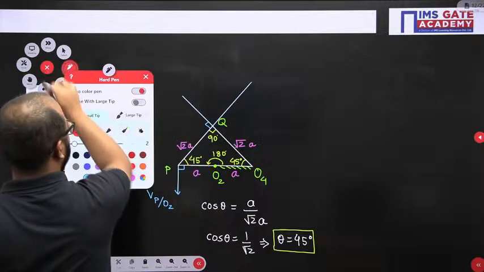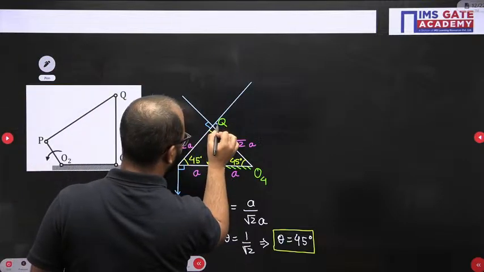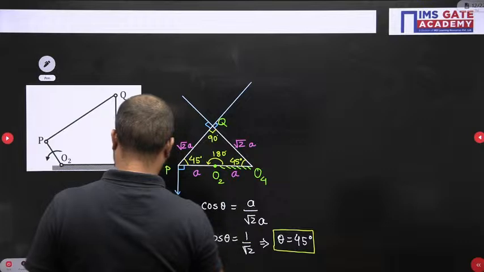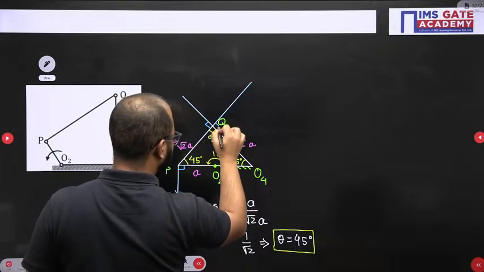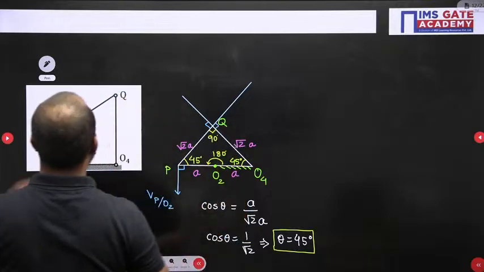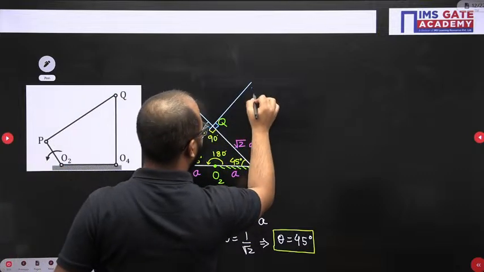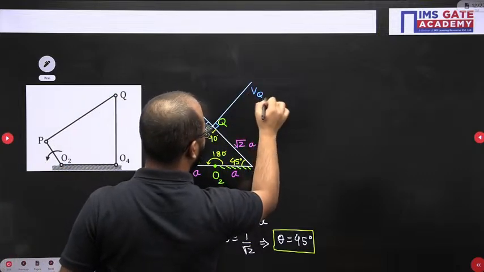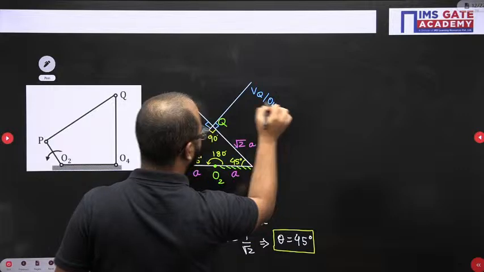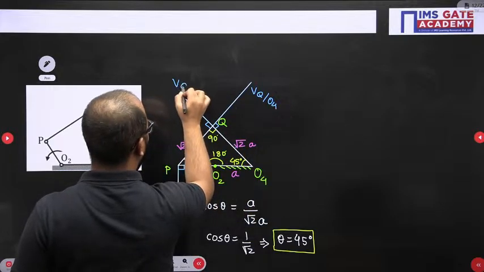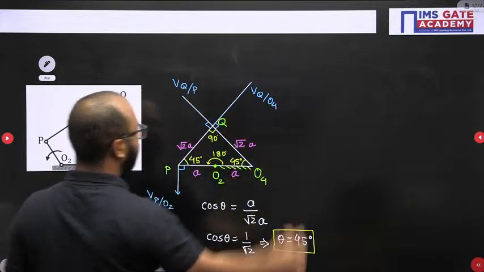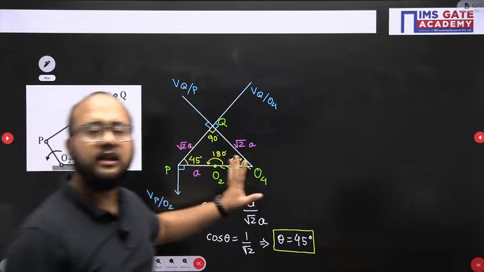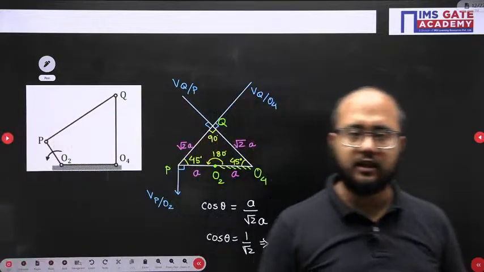Like this. So let me write it here. This is Q with respect to O4. This is Q with respect to P. Done. All the velocity vectors I have shown here.